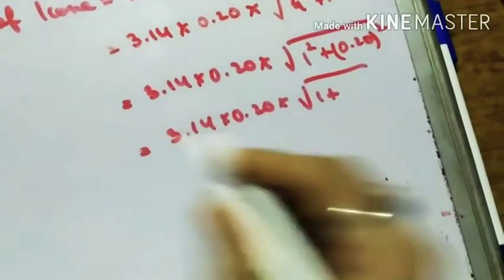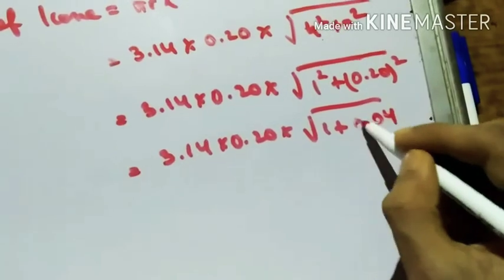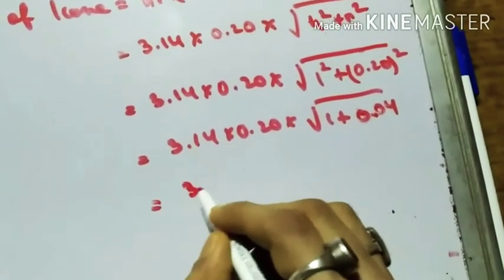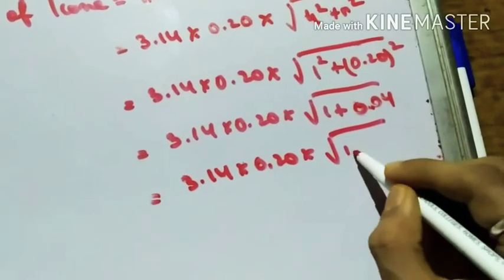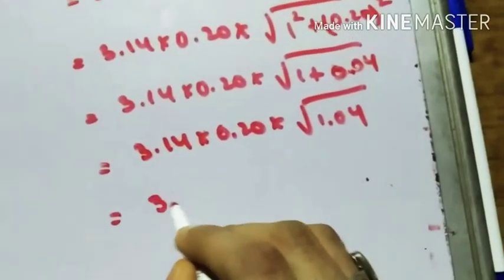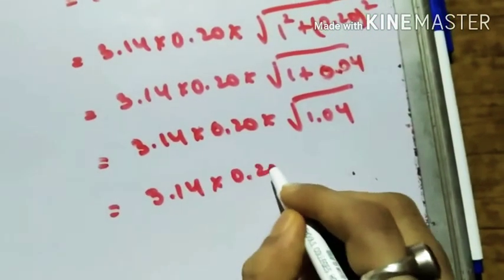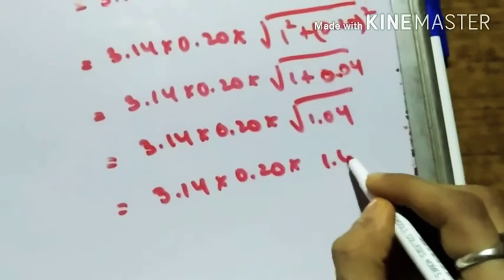So 1 plus 0.04, that is 3.14 into 0.20 into root over 1.04. Now the value of root 1.04 is about 1.02. Therefore, it equals 3.14 into 0.20 into 1.02.